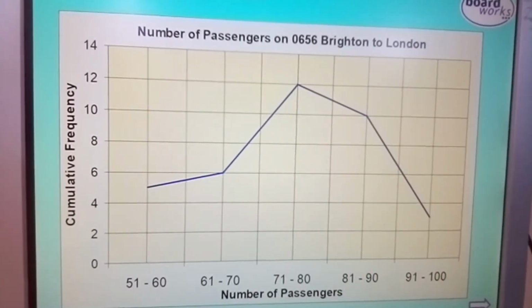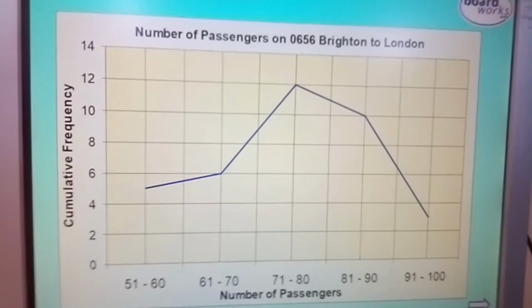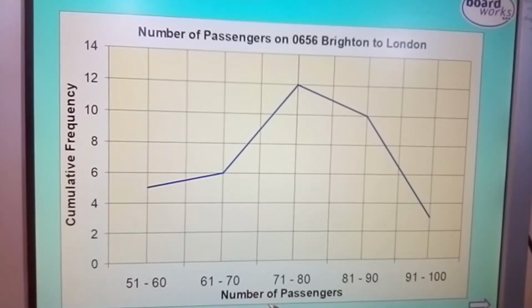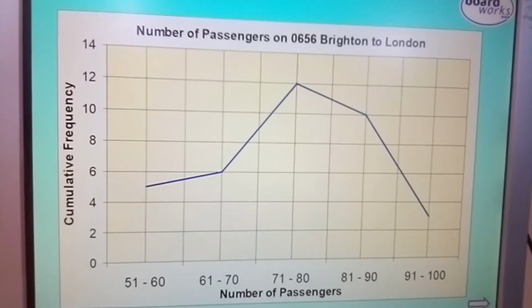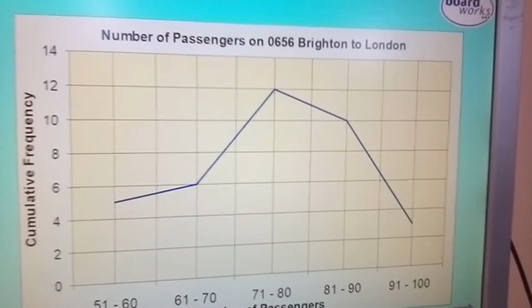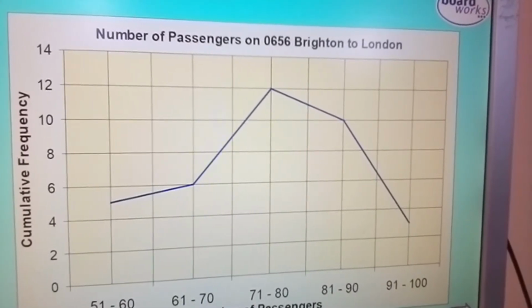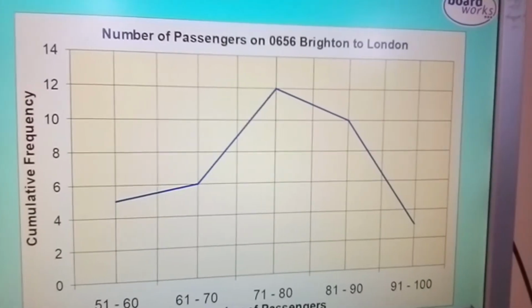Now number of passengers, 51 to 60. For me, I would have just classed it as 50 to 60 and 60 to 70, 70 to 80. That's the way I would have gone with this myself. It makes it a lot easier and more equal, but that's only my opinion.